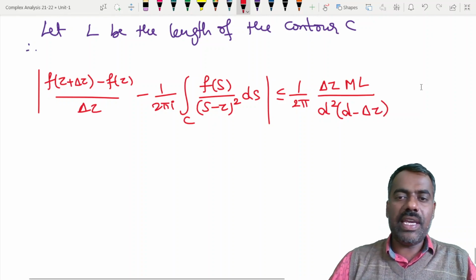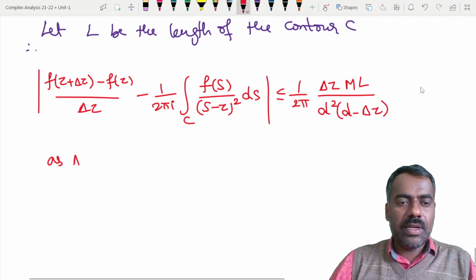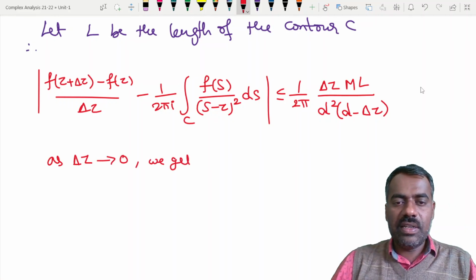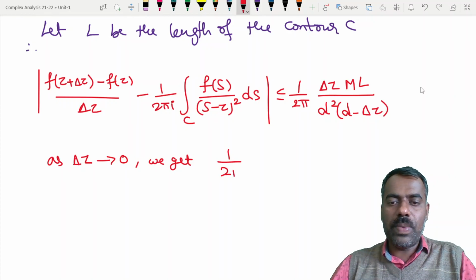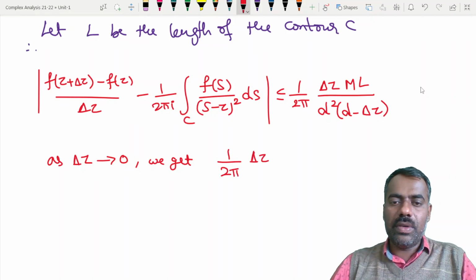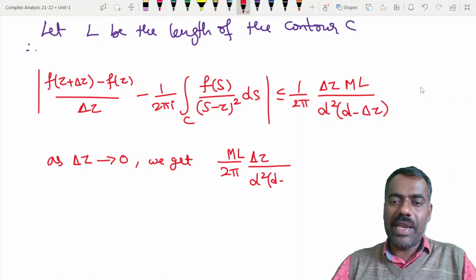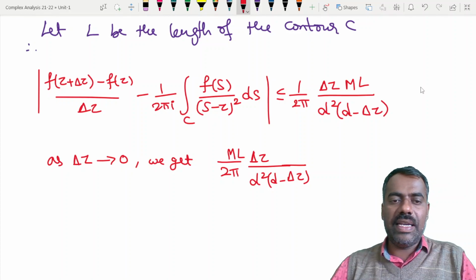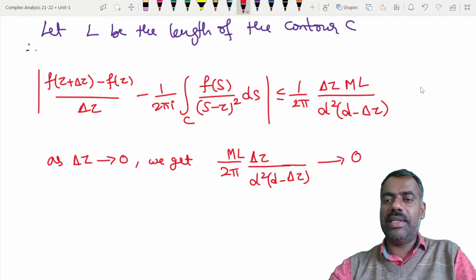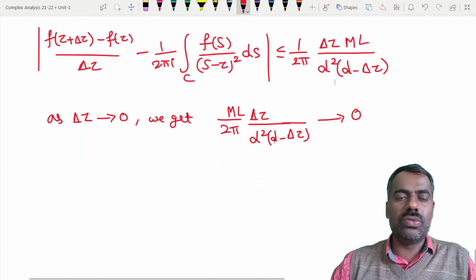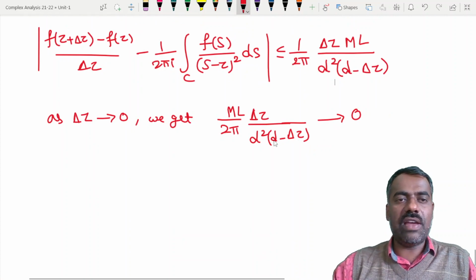Now, by taking delta z tends to 0, we get this right hand side, that is 1 by 2 pi delta z into ML upon d square into d minus delta z. Everything is finite, but as delta z tends to 0, this entire thing tends to 0, right? So therefore this left hand side is equal to 0 as delta z tends to 0.